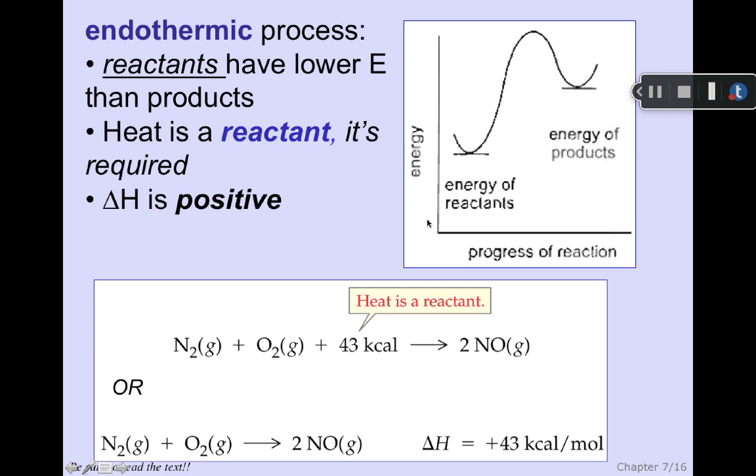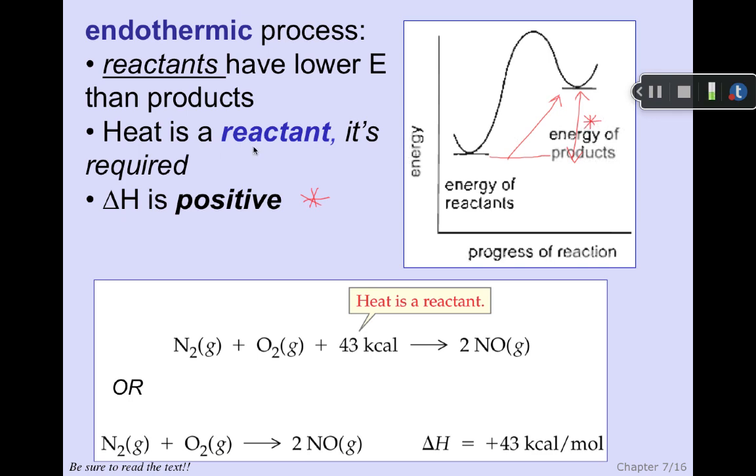Now, endothermic process, the other kind of thing, where reactants are going to have a lower energy than the products. The energy of the products is getting greater, and so the change in energy from reactants to the products is going to be an increase, and this means that delta H is positive when heat is going up from reactants to products, being increased overall.